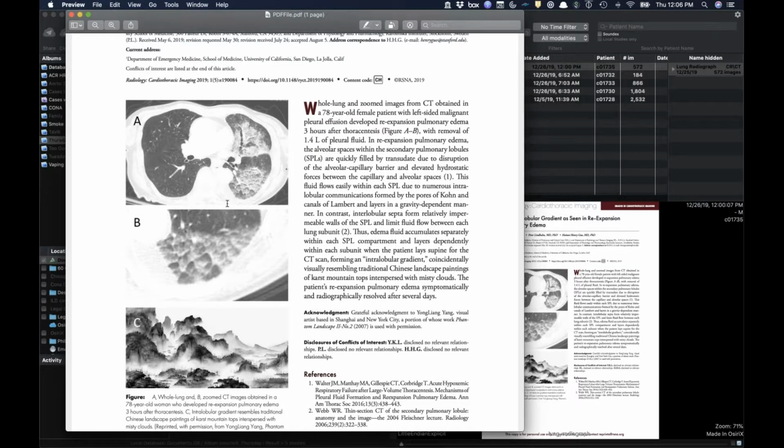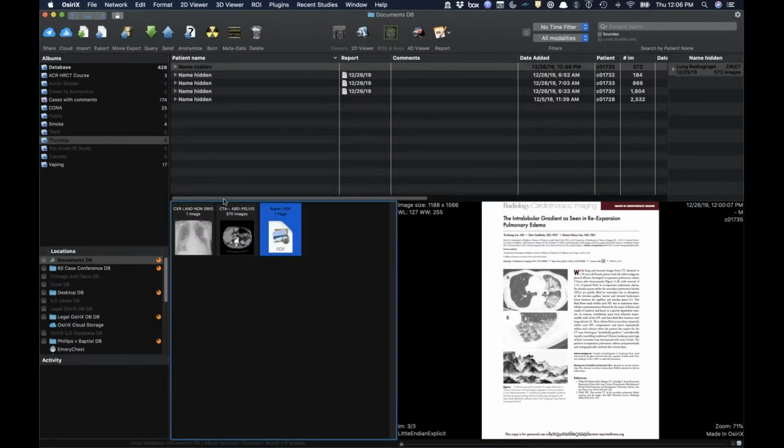We've talked about dependent edema layering on a macroscopic scale, but not really on an individual lobular scale. You can see what they're talking about here, right? Things level, like layering with the level in the secondary lobules, in the dependent portion of them.